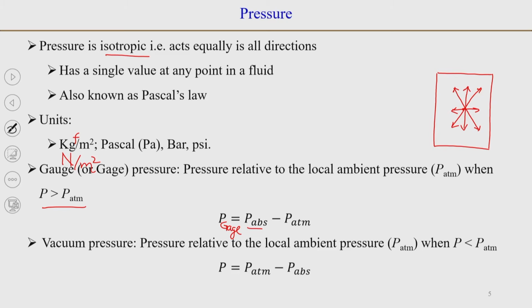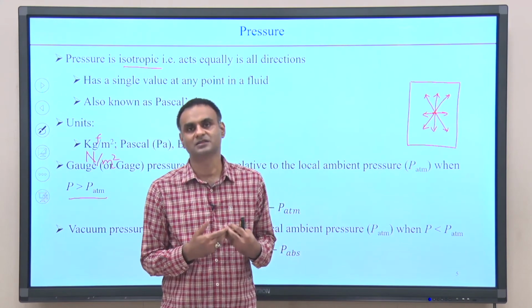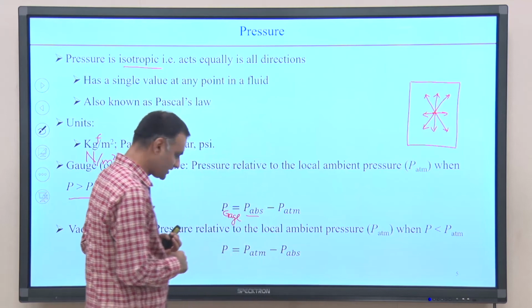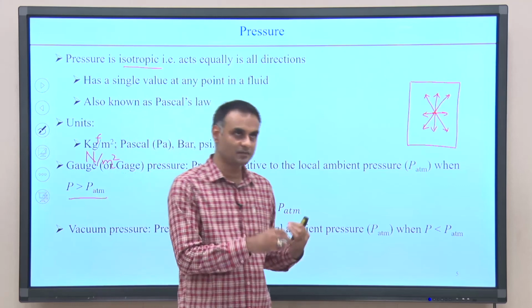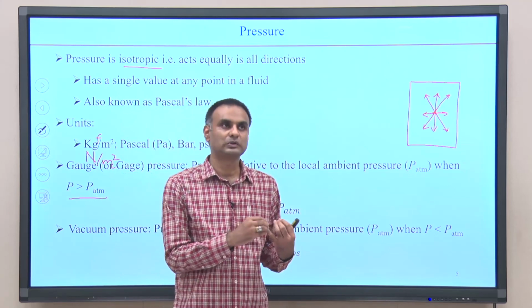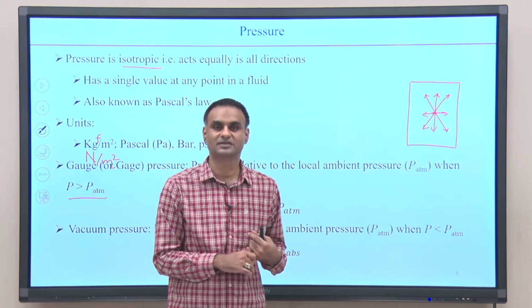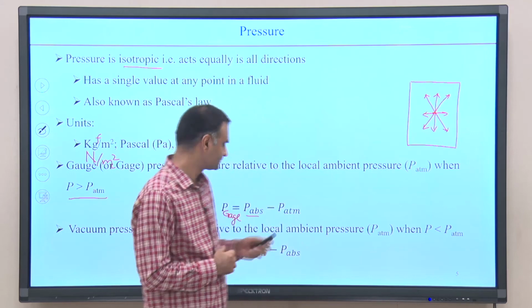So, we say 10 mm Hg vacuum, that means the pressure is 10 mm Hg less than that of atmospheric pressure. We need to remember that whenever any pressure is being reported in an experiment or in any problem, we need to ask ourselves: is this the absolute pressure, is this the gauge pressure, or is it vacuum pressure?